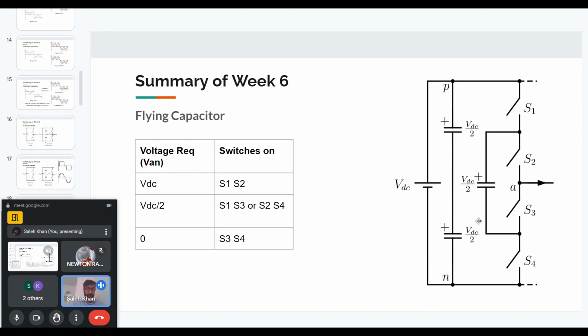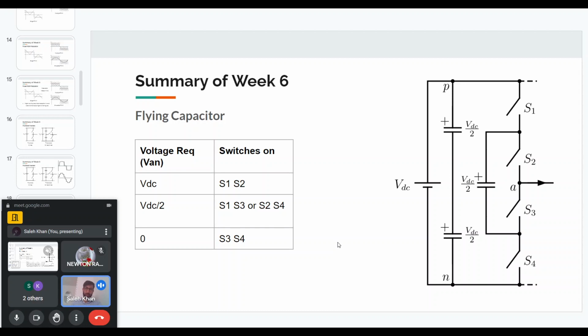So we'll get VDC by 2. Similarly, if I turn on S2 and S4, I will get the VDC by 2 capacitor at the output. So I have two options to get VDC by 2. And that is something that is used in the modulation of this converter to balance these capacitor voltages. So this is how a flying capacitor works.